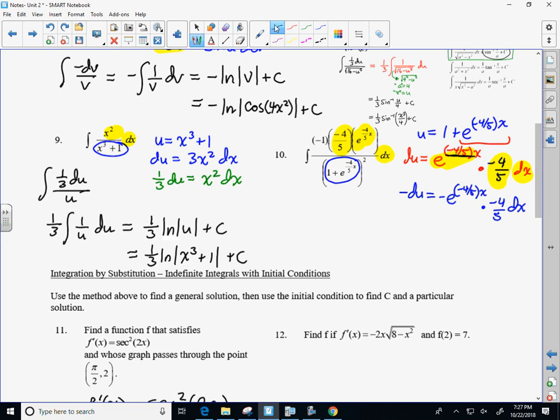It's all going to work out. So I'm looking at negative du over u squared, which is the same as negative u to the negative second du, which anti-differentiates to u to the negative first plus c.